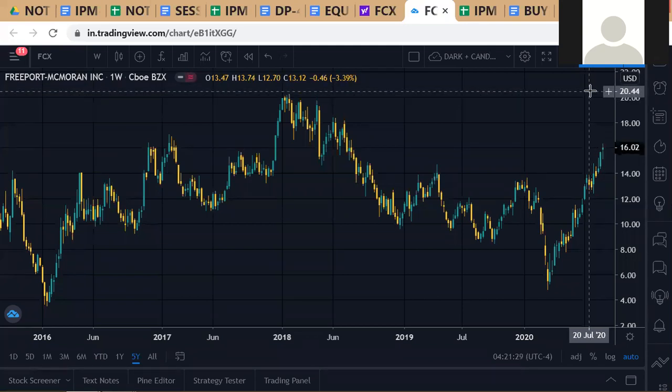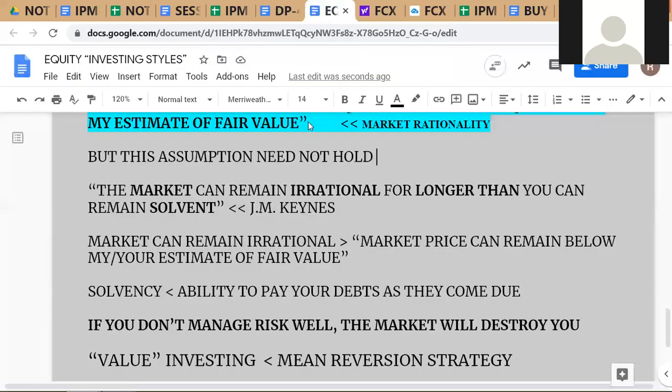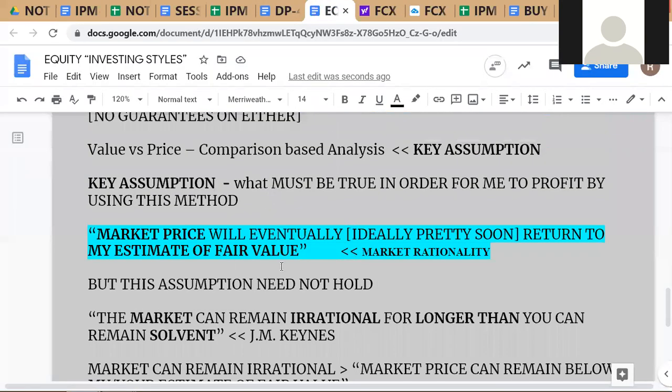My estimate is different from everybody else's estimates, okay? And all estimates are likely to differ because everything is subjective. They are based on individual forecasts of cash flows and there's no right answer. At least ex ante, we don't know what the right answer is.